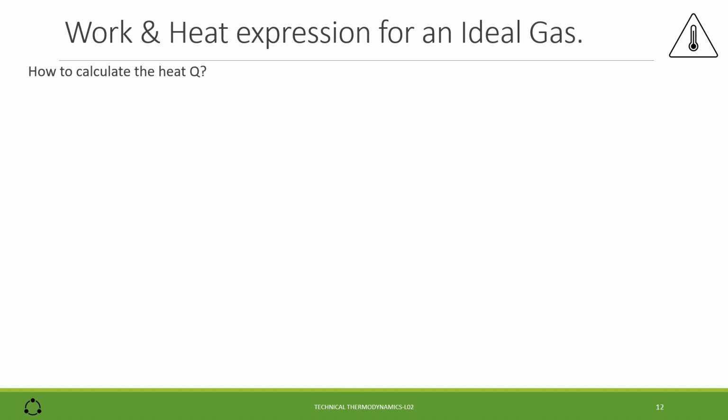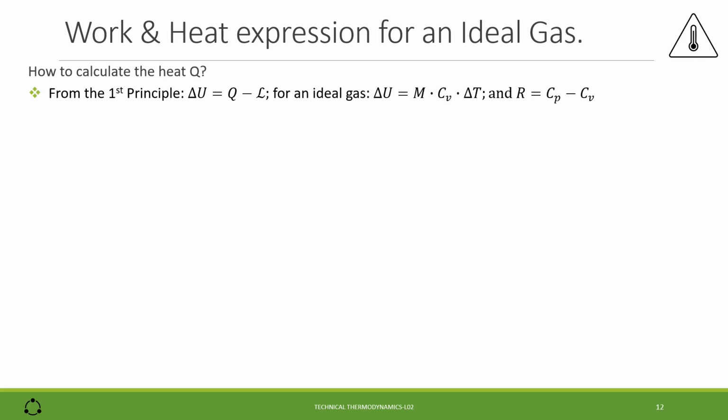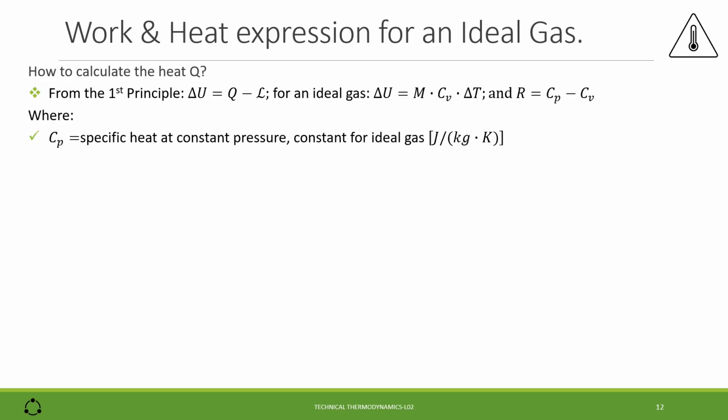How to calculate the heat capital Q? From the first principle, delta U equals capital Q minus capital L. For an ideal gas, delta U equals capital M into Cv into delta T. And also R is Cp minus Cv, where Cp is the specific heat at constant pressure and Cv the specific heat at constant volume.